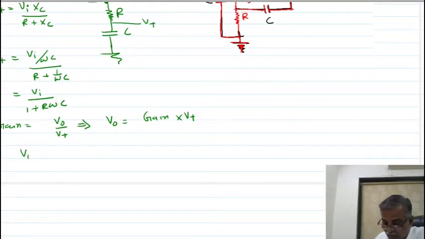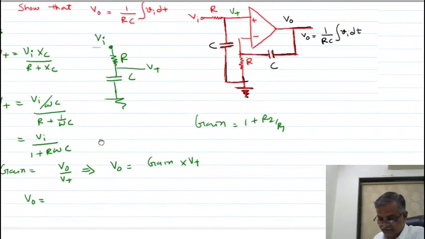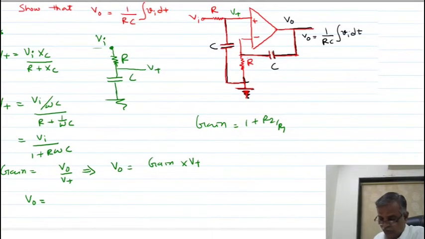So what is the gain of the circuit? You know, gain is nothing but, for non-inverting, 1 plus R2 by R1. So let us see here. This is your R2, and this is your R1.